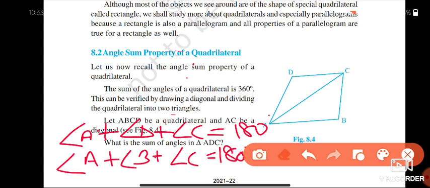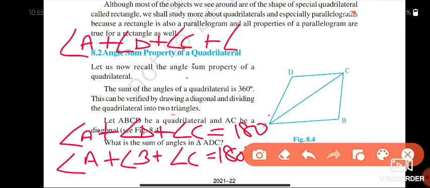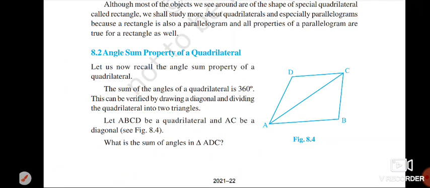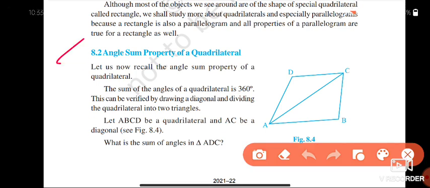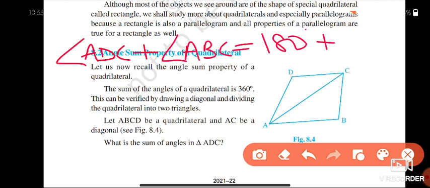So on the left hand side we have angle A plus angle D plus angle C plus angle A plus angle B plus angle C, that is triangle ADC plus triangle ABC, will be equal to 180 plus 180. I am doing it this way. I am not adding all the angles individually because that would count some twice. These are the triangles, not the angles. So triangle ADC plus triangle ABC will be equal to 180 plus 180.